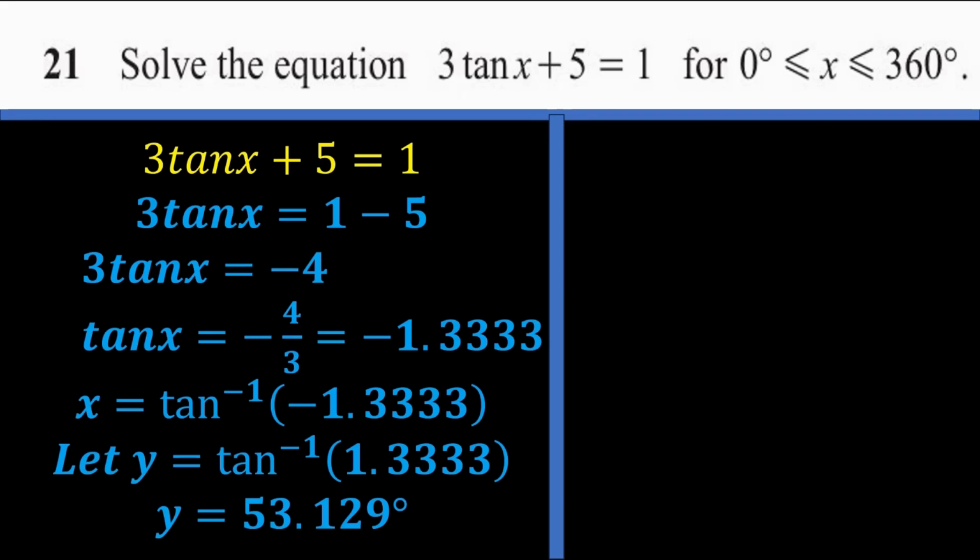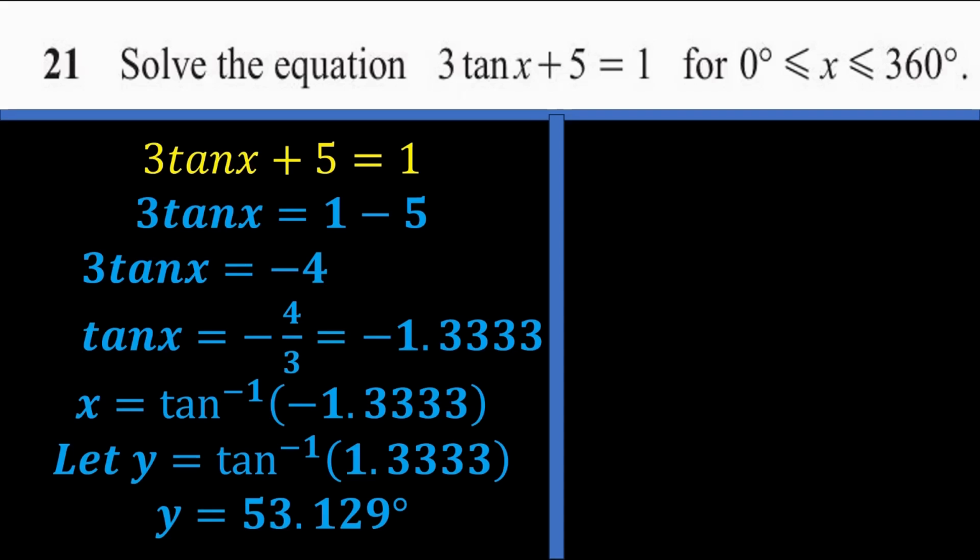Let y equals the arctan of 1.33333. We remove the negative. The negative there is just to tell us which part of the quadrant the angle that we are looking for lies. So we get the acute angle first. And when we take the arctan of 1.33333, that gives us 53.129 degrees.